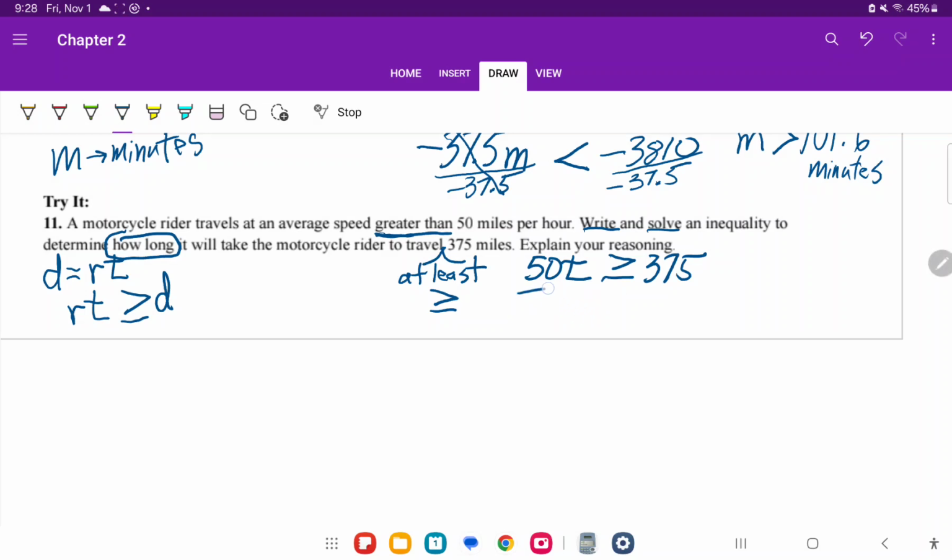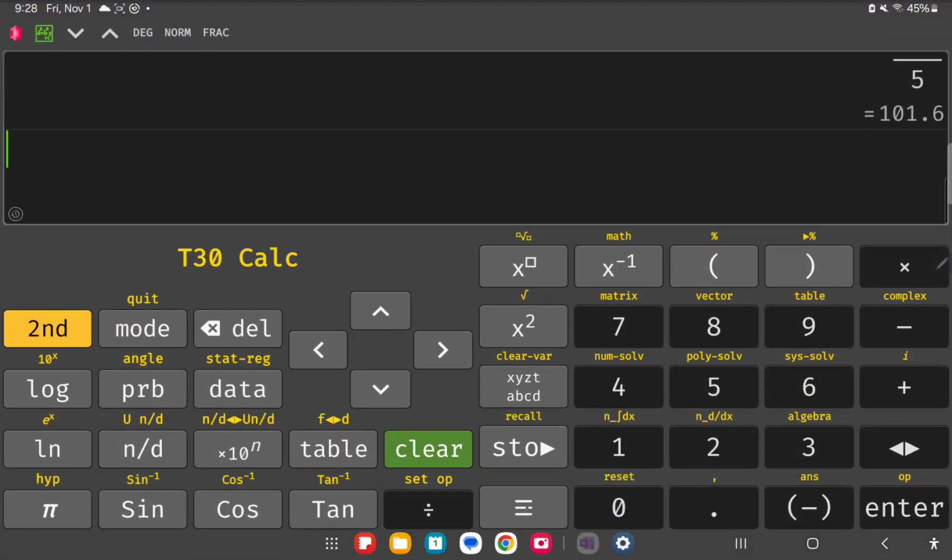Okay, so we're going to divide by 50, that leaves me with t on the left side, and then we need to divide by 50 on the right side. So then that's going to be 375 divided by 50.